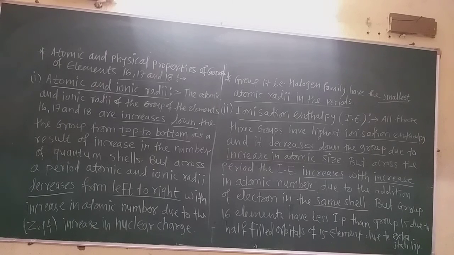But the atomic and ionic radii decrease from left to right as we go into the periods, because as we go from left to right into the periods, what happens there? Atomic number increases, but electrons are added into the same shell, and due to that what happens? The atomic number is greater but the shell is the same, there is no increase in the shell in the periods as we go from left to right.